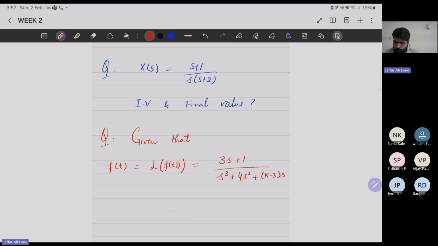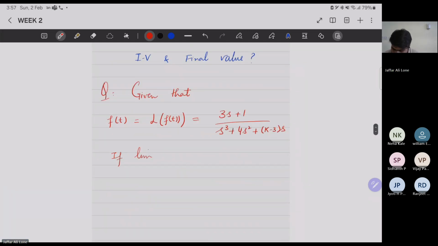Right? So the Laplace transform of a function f of t is this. If limiting t tends to infinity, f of t is 1, then find the value of k.